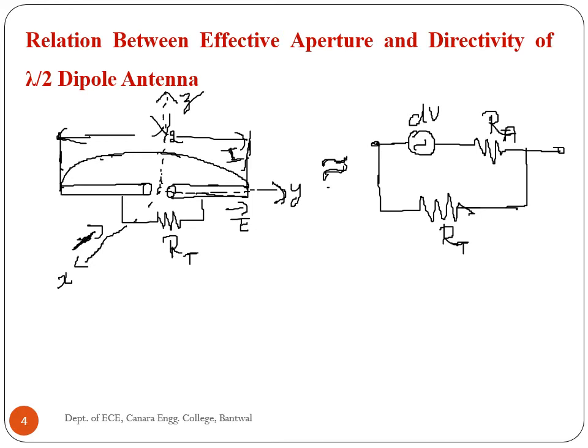The infinitesimal voltage dV of this generator, due to the voltage induced by the incident wave in an infinitesimal element of length dy of the antenna, is dV equal to E into dy cos 2 pi y divided by lambda.